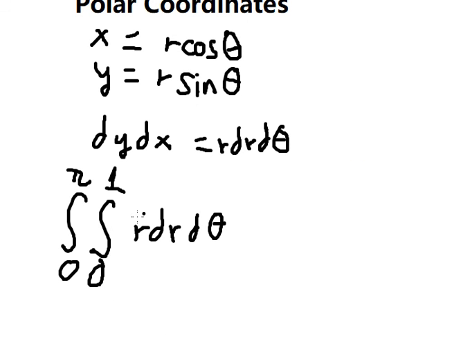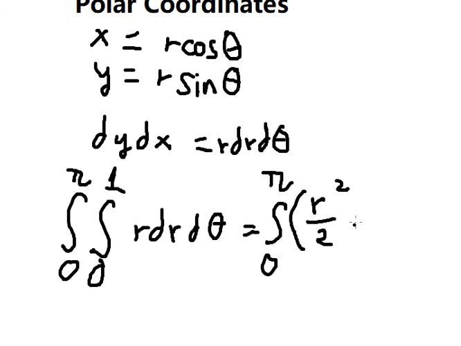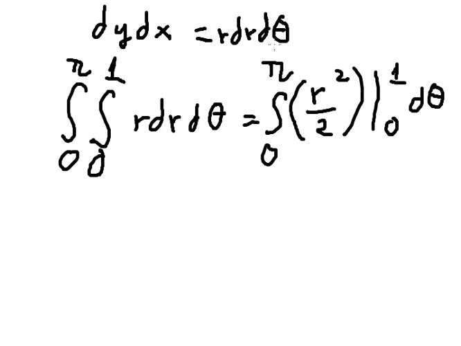Now we need to calculate this one. The integration of r, you get r squared over 2, and then I need to put the bounds from 0 to 1 d theta. So I need to put 1 in here, 0 in here.